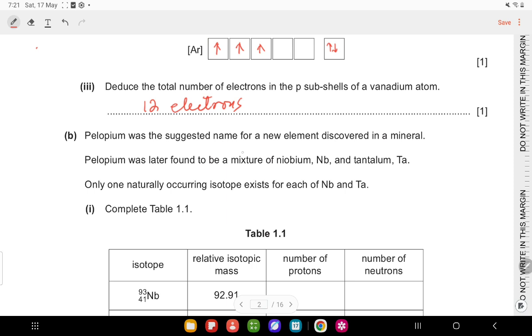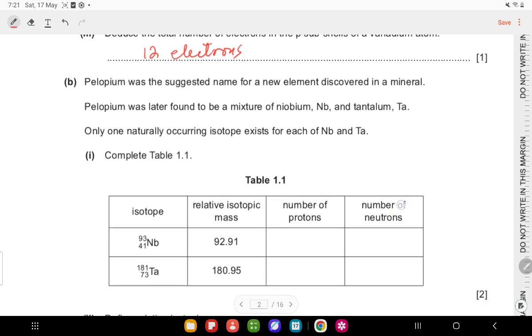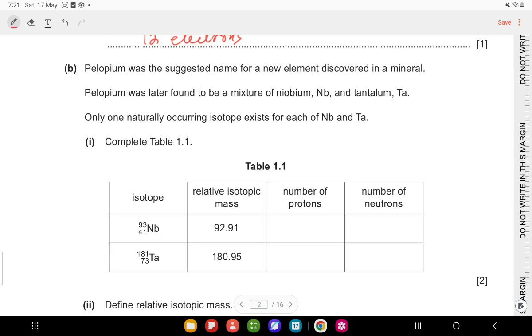Pyloprium was the suggested name for a new element discovered in a mineral. Pyloprium was later found to be a mixture of niobium, Nb, and tantalum, Ta. Only one naturally occurring isotope exists for each of Nb and Ta.